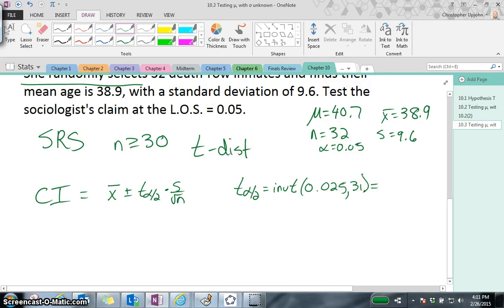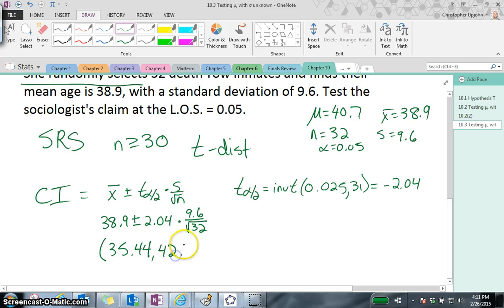When we do our inverse t, we get 2.04. So x bar is 38.9 plus or minus 2.04 times our sample standard deviation 9.6 over square root of 32. So we get a confidence interval of 35.44 and 42.36, lower and upper bound.